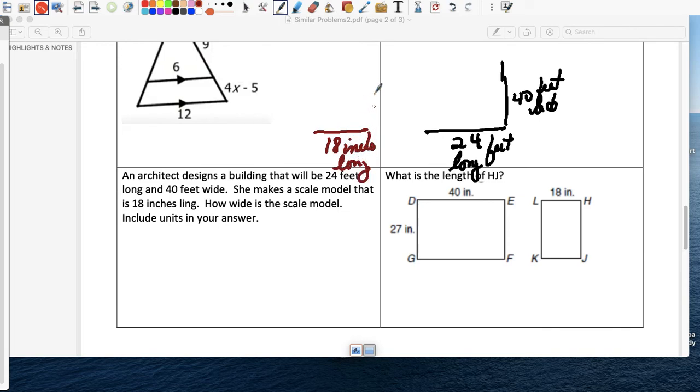And we want to know how wide it is. The problem here is that everything is in feet on this side, and this one is in inches.